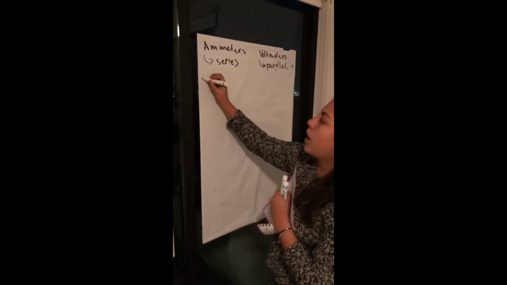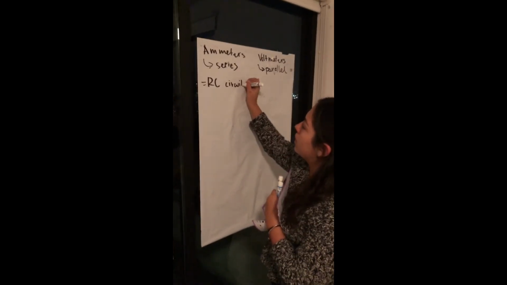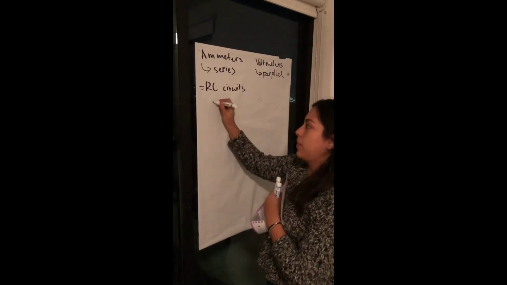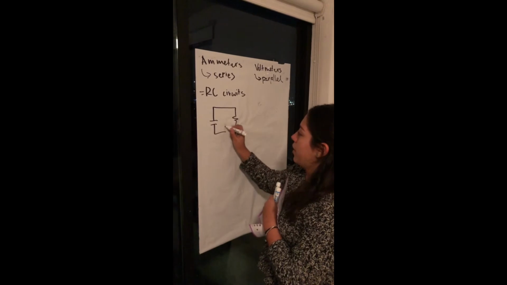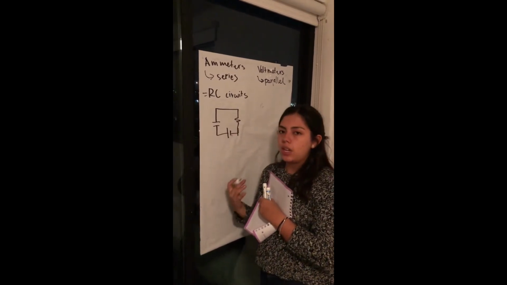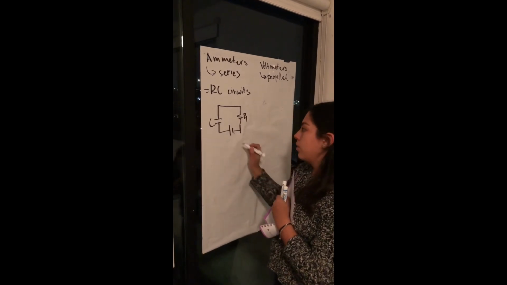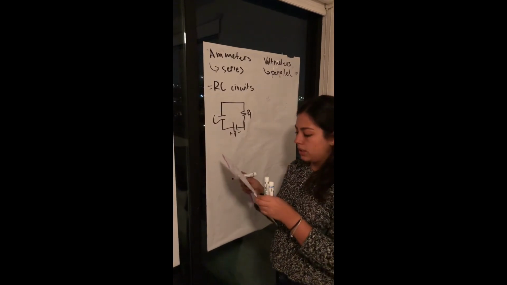Now we're gonna talk about RC circuits. RC circuits are the ones that have a capacitor in them. That would be a resistance and a capacitor. And what the capacitor does in the circuit is to establish some balance in the current.